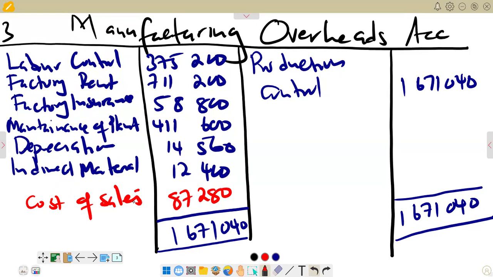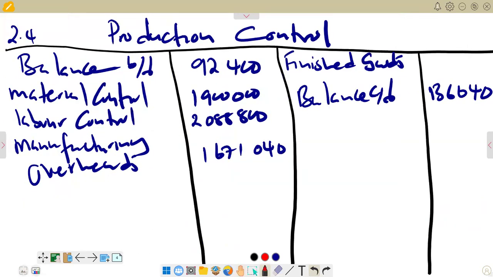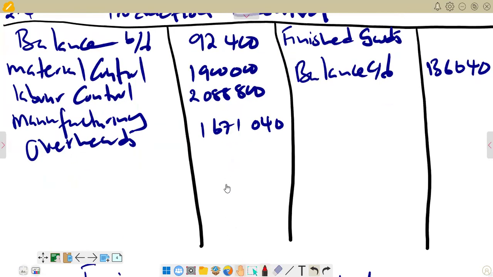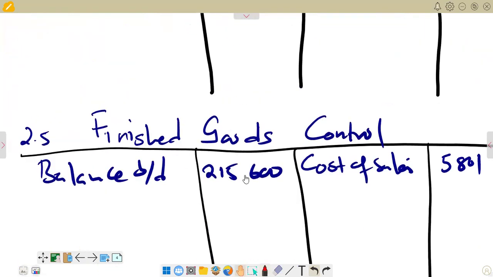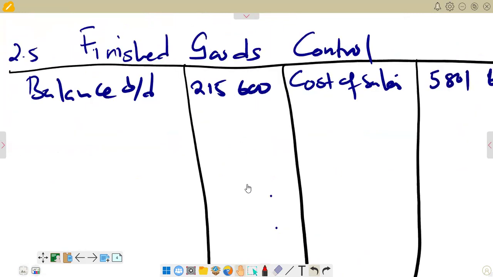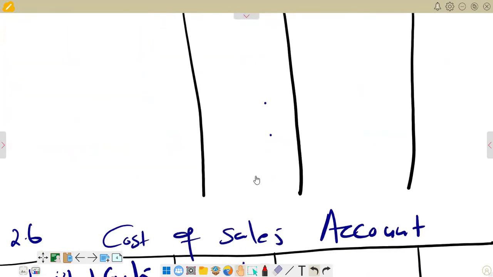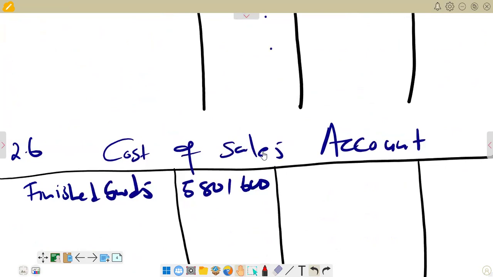So we are also going to look at the cost of sales account and enter that figure. Let's see, we've got 87,208. We are supposed to enter it on the cost of sales account on the credit side. So let's look for the cost of sales account. So we put our cost of sales account here.